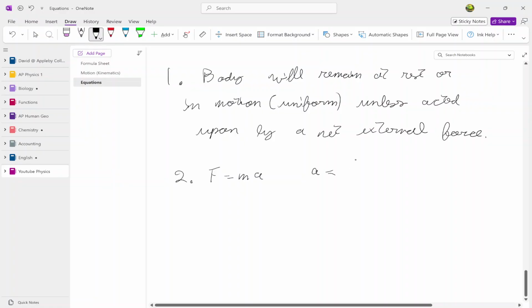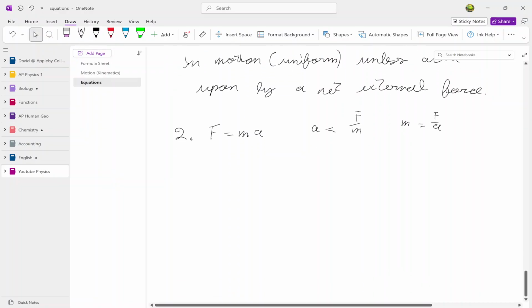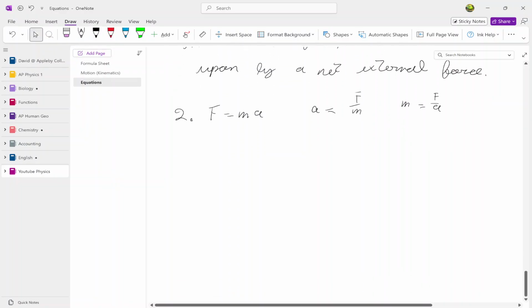So a equals F divided by m, or m equals the force divided by a. That's just rearrangement, really. F equals ma is one of your best friends. Just remember, if there's a force acting on it, that force will equal ma.